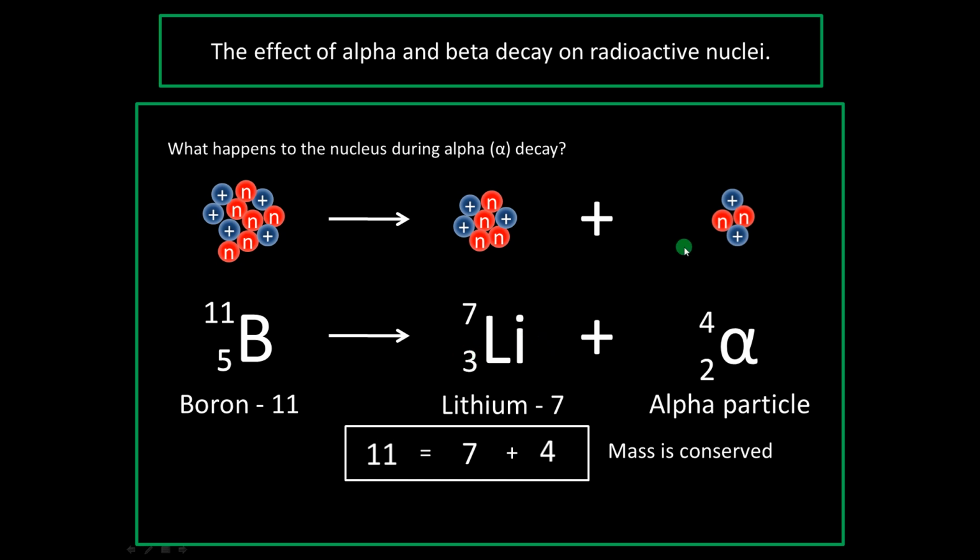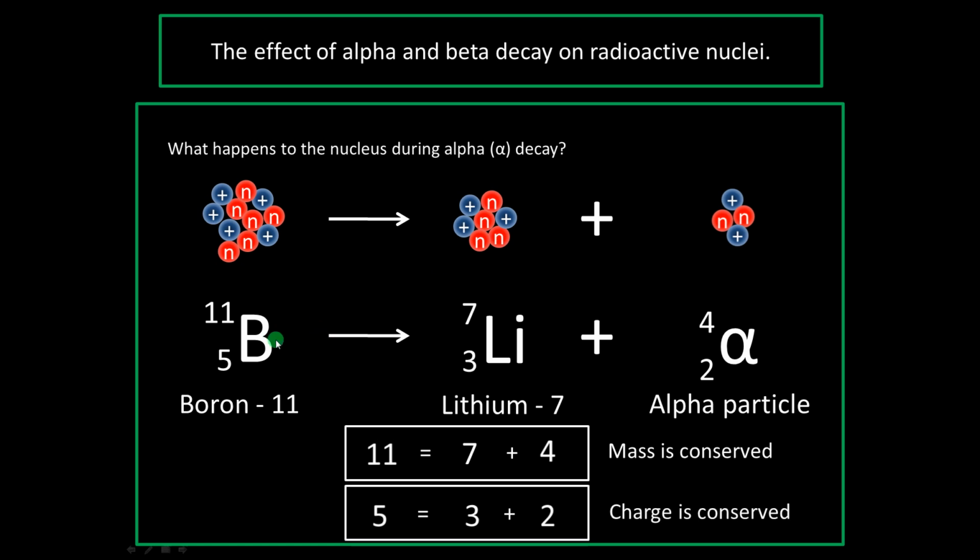And then the second thing we're looking at is conserving charge. We can't create or destroy charge. So the 5, the 3 and the 2 have to match up as well. So that's the rule. And in fact, that rule applies for alpha decay, beta decay, any other type of decay that you like. This is just being used for alpha decay here.